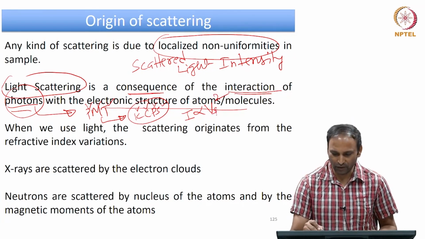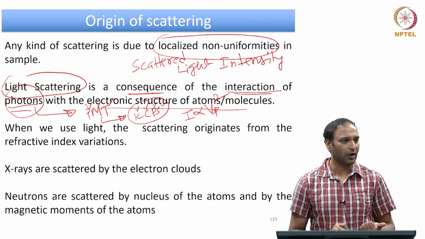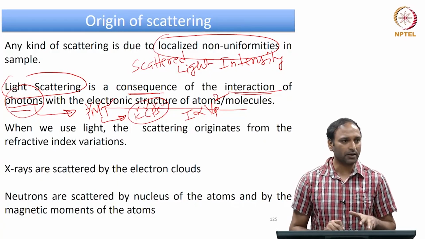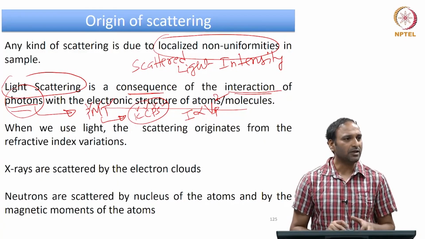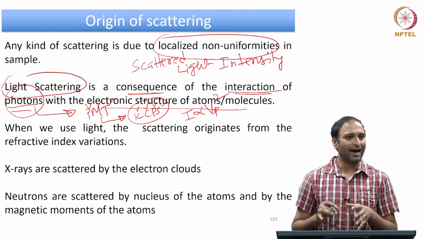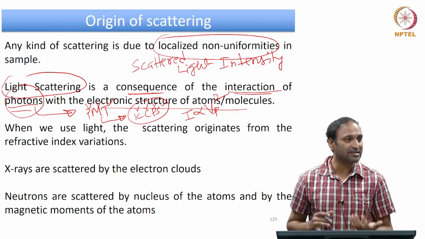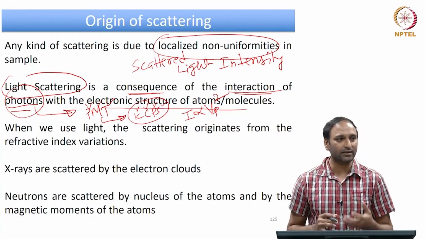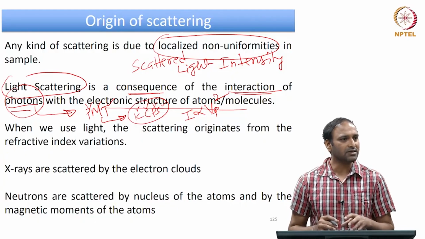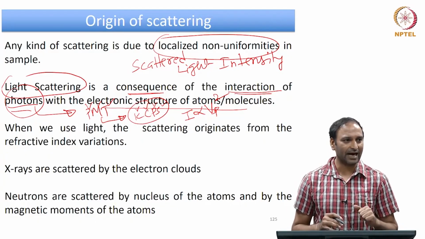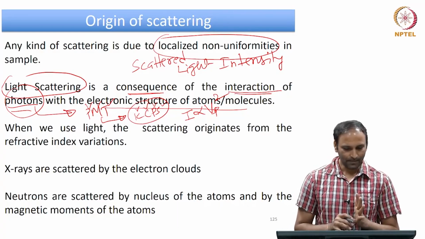If Vp is the volume of the particle, the scattered intensity goes as Vp squared. That means larger particles will scatter more light, or the intensity of the light scattered by a larger particle is higher compared to that scattered by a smaller particle.